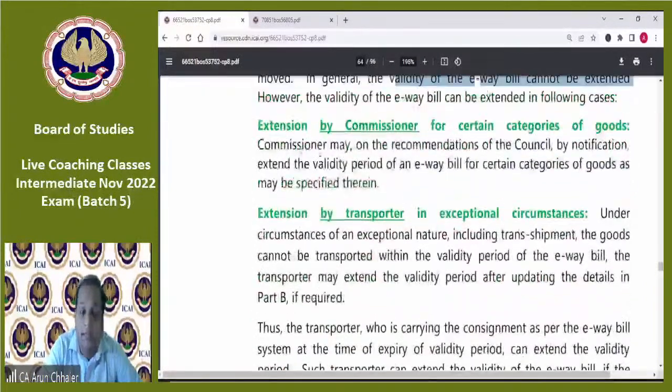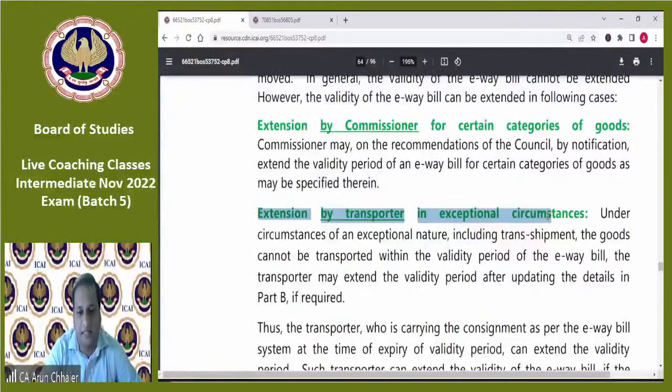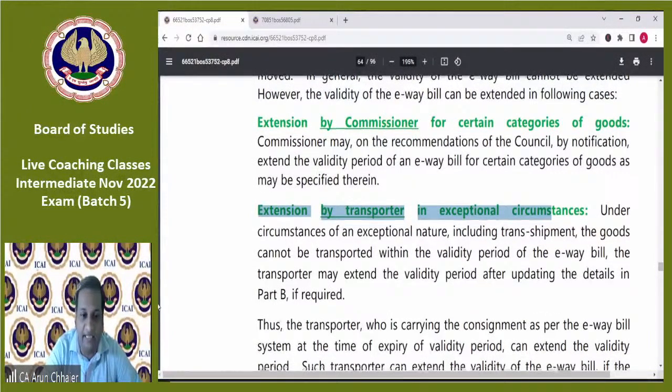However, it can be extended by the commissioner for certain categories of goods, or by the transporter in exceptional circumstances, like during COVID when certain areas were not allowed to be routed, or there is a strike, a flood, extra rain, or any other genuine reason. Then he can put the reason and extend the validity period.